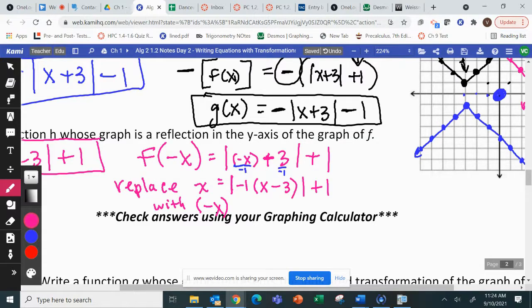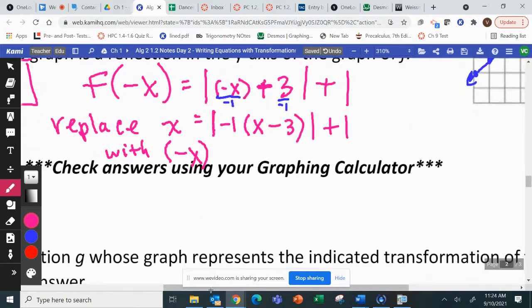So taking out is like the opposite of distributing. So I'm undistributing the -1. It didn't go anywhere. It's still there in front. And then there is one more step. Well, 2 more steps.